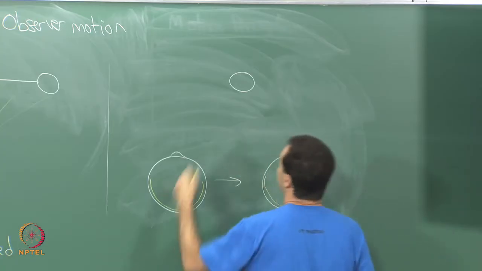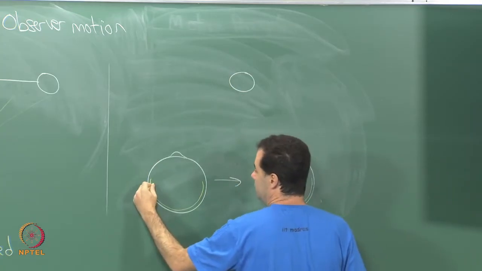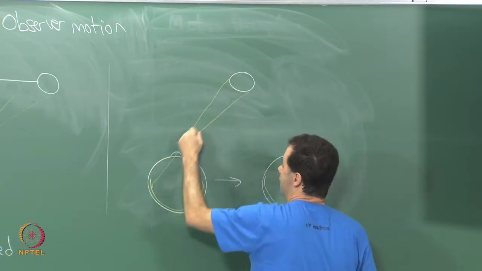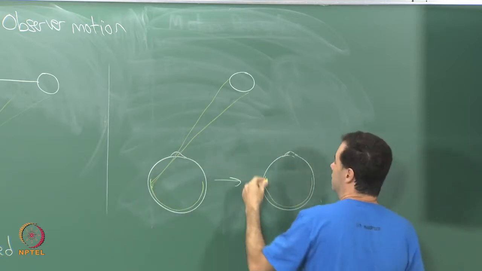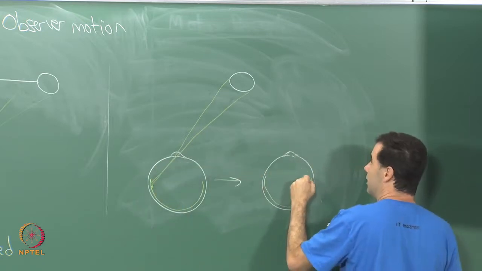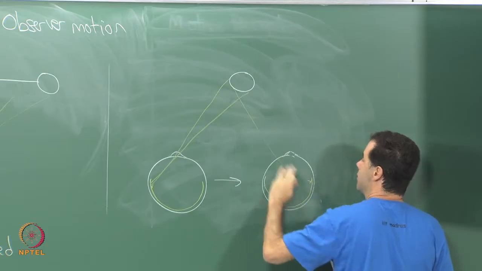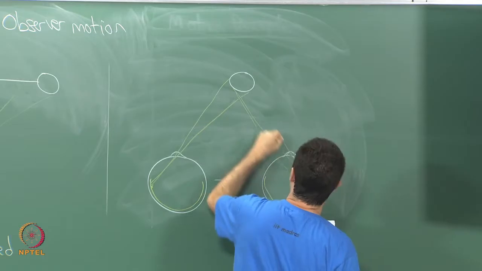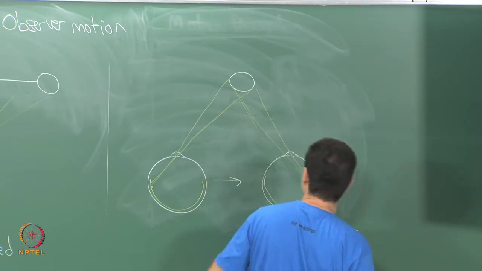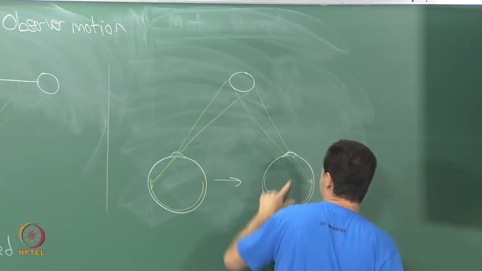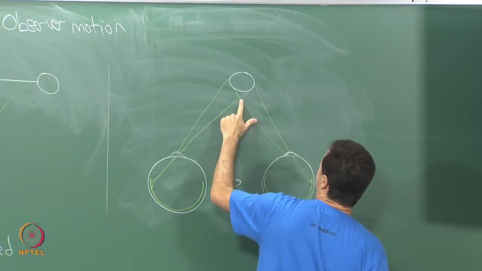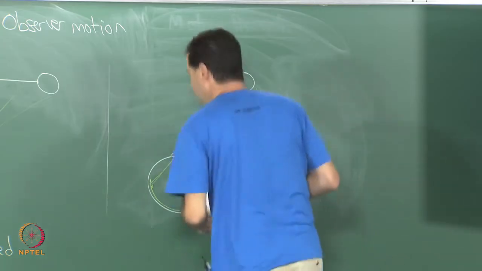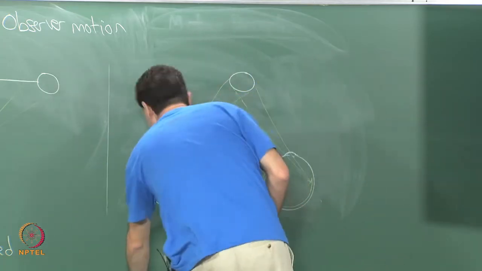And when I start off over here, I get the image on this side. And when I come over to this side, I get the image on the other side. So in this case, the eye moves and the object's fixed.